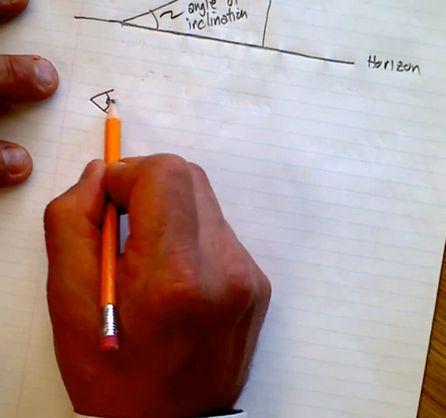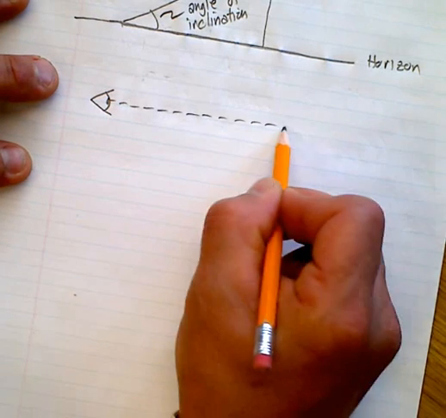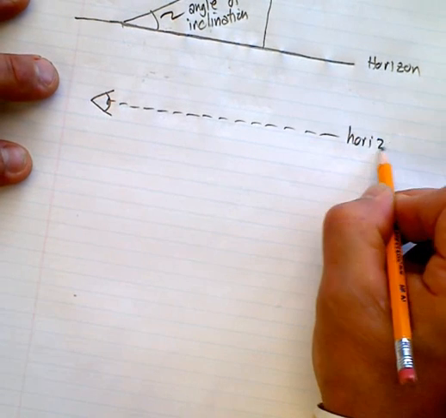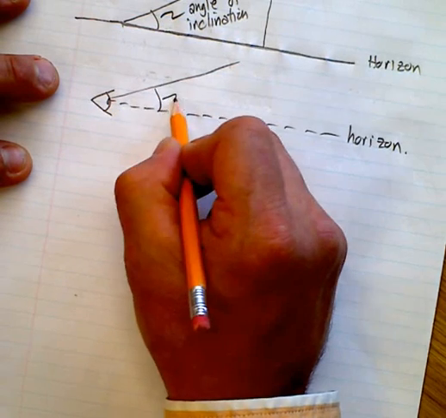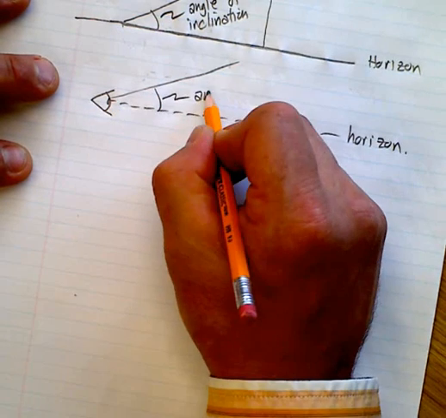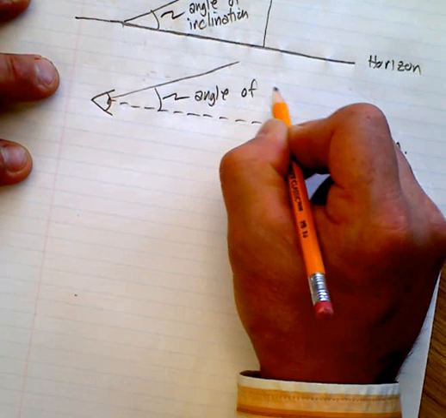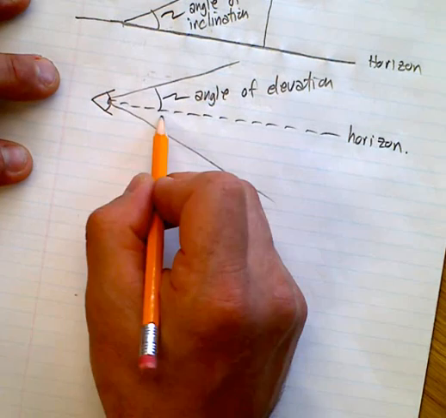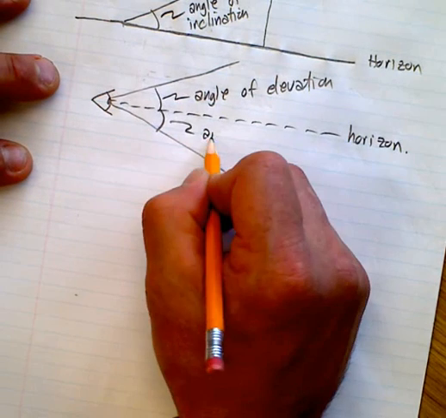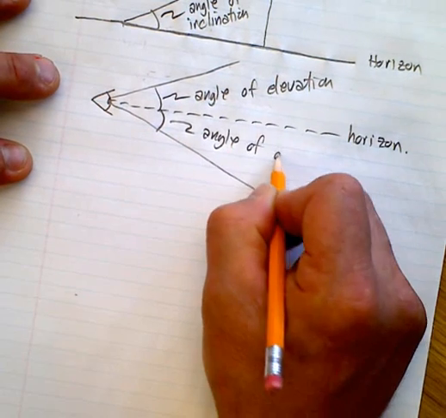This is the horizon, always shooting straight out, right? Sometimes we look up. We call this the angle of inclination. It can also be called the angle of elevation. And then if we look down, this right here can be called the angle of depression.